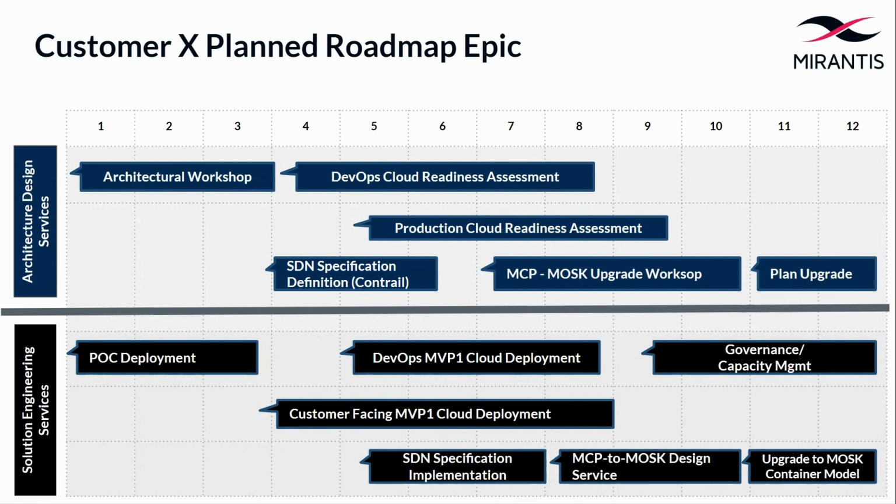And we thought we had just covered every possibility, the production cloud readiness assessment, and how we were going to fit in the software-defined networking that they wanted using Contrail at the time. And our upgrade workshops to get us from our prior version of the OpenStack framework to our new version, MOSK, Mirantis OpenStack on Kubernetes.